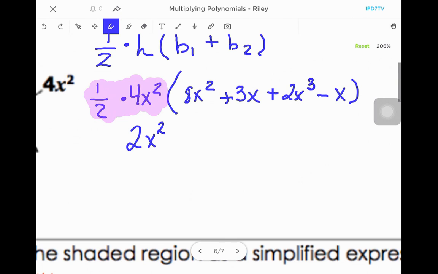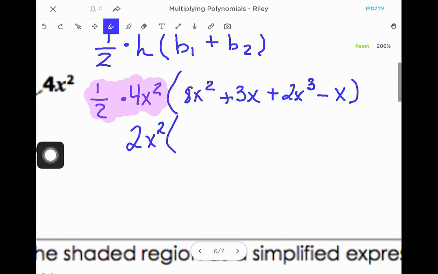It's like if I had 4 cars and I gave half away, I have 2 cars. If I had 4 pieces of gum and I gave half away, I have 2 pieces of gum. This x squared right here is just a label, okay? So half of 4x squared is just 2x squared, okay?